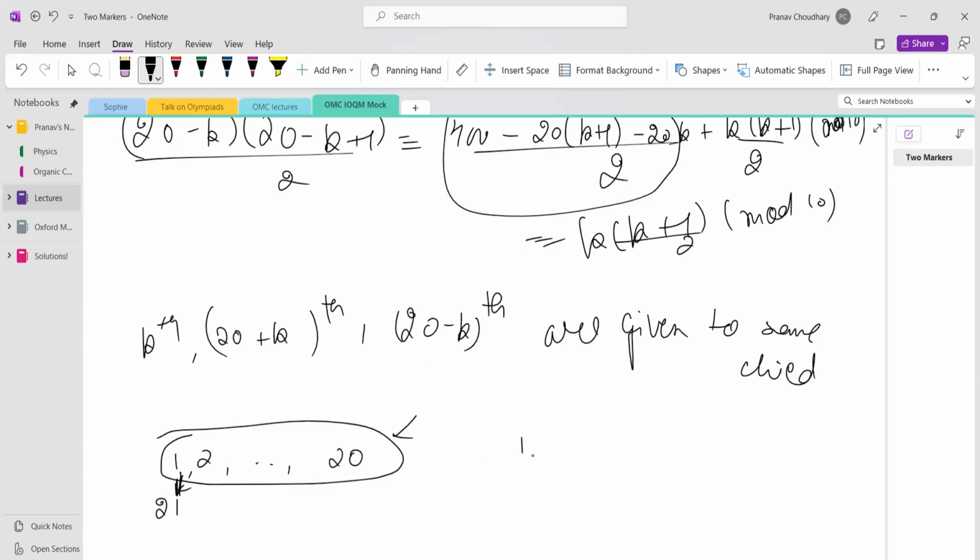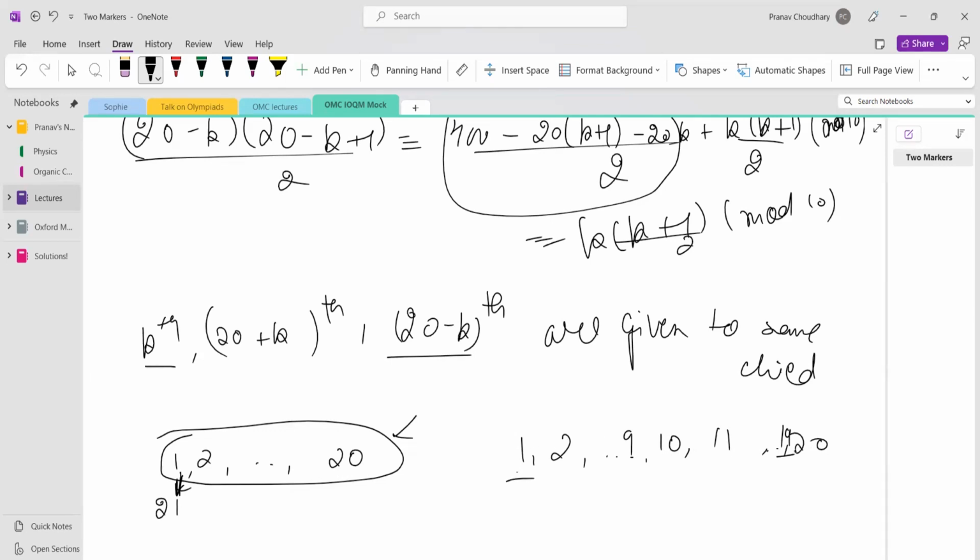And even in this, we can shorten our argument. Like if 1, 2, so until 10, 11, 20. We know that k and 20 minus k sweet is given to the same child, right? So first and 19th sweet. Yep. So wait, I'm doing it correctly. K plus 1. Yep.